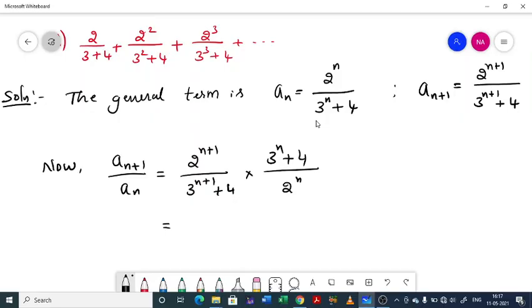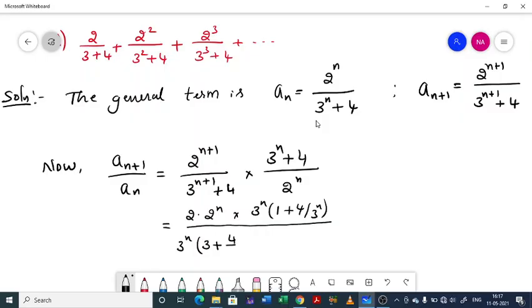So 2 power n plus 1 we can write as 2 into 2 power n. And 3 power n plus 4 we can write as 3 power n taking outside, 1 plus 4 by 3 power n, divided by 3 power n plus 1. You can take 3 power n outside. Here you will be remaining with 3 plus 4 by 3 power n, into 2 power n. 2 power n gets cancelled and 3 power n gets cancelled.